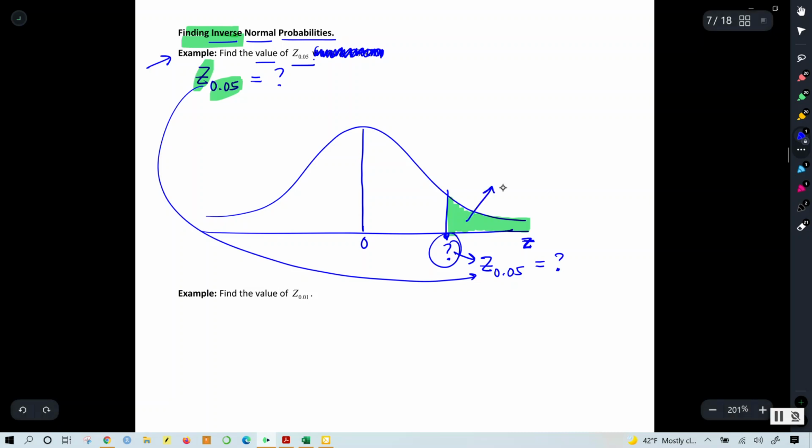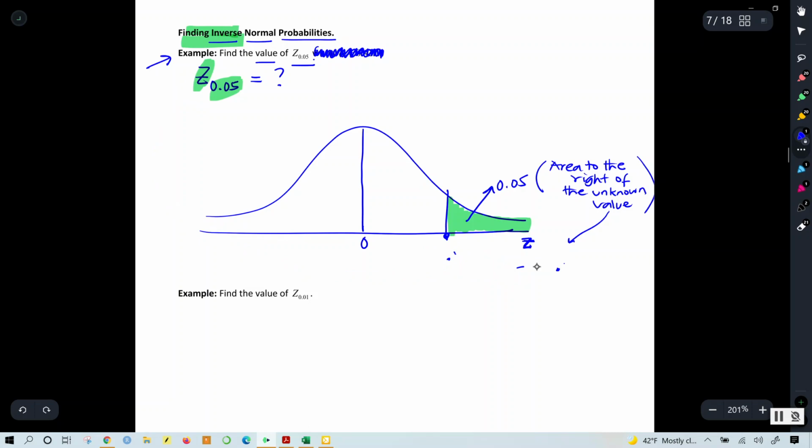Remember, the size of this area is what we have here. So this is 0.05. So strictly speaking, it has to be the area to the right of the unknown value. So let's see what this unknown value is. Let's uncover the identity of z 0.05, and to do that, let's go to StatCrunch.